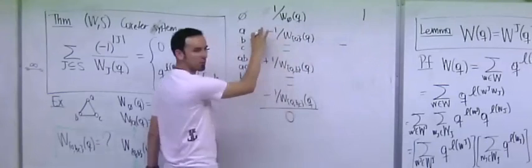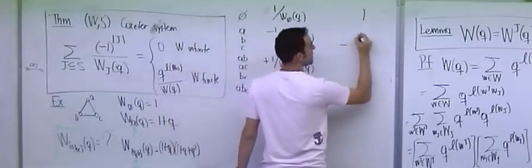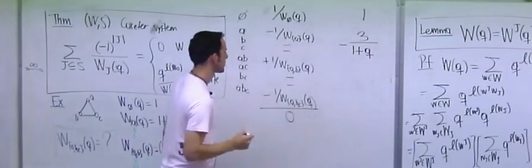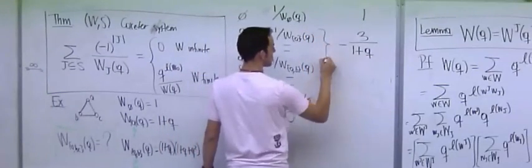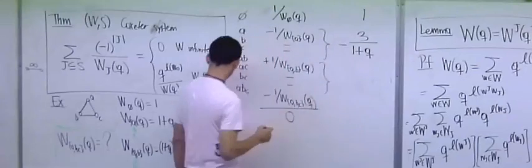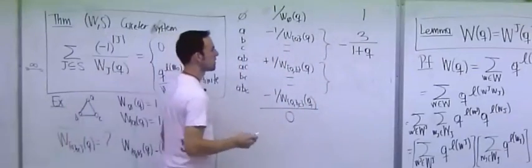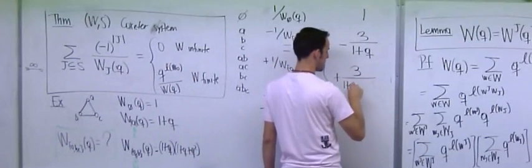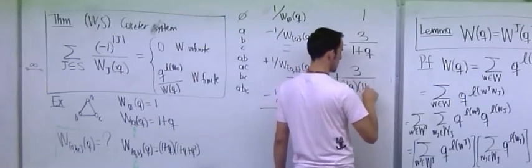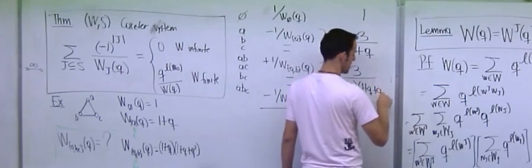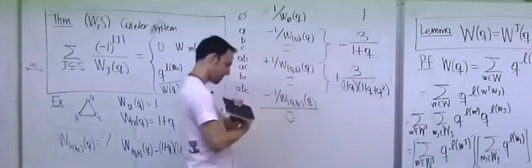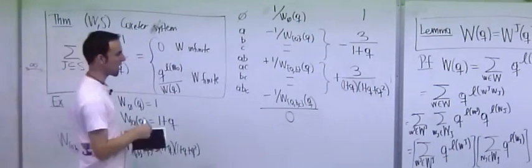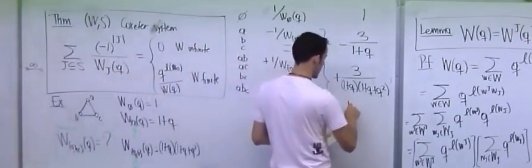Then these 3 guys are equal to each other, so I get 3 of them, and each one is 1 plus Q. These 3 guys are also all equal to each other, so I get plus 3 divided by 1 plus Q times 1 plus Q squared. And then mystery guy, right? This is the one that I don't know.